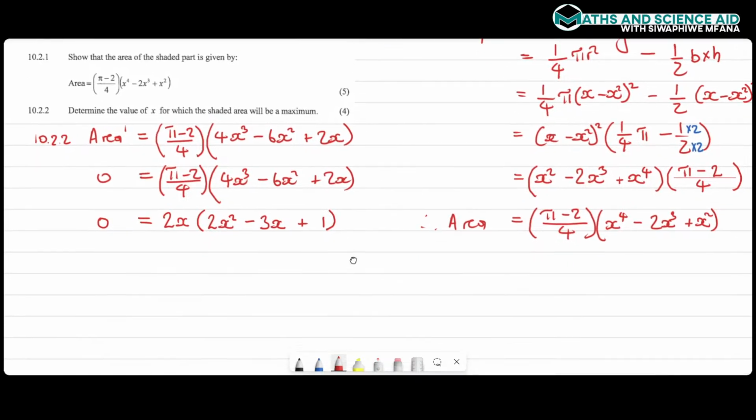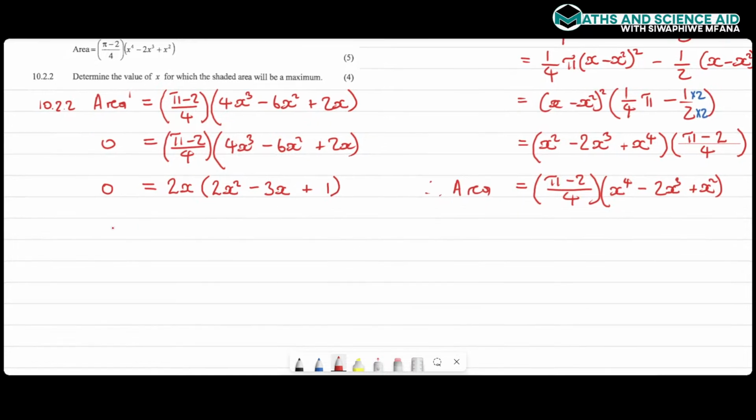So look at how simplified our equation is now. This is how amazing mathematics can be. And then again, we can just neglect this 2x, or maybe let us not neglect it. It means that 2x equals 0, right? Or maybe I'm rushing it. Let's start here.